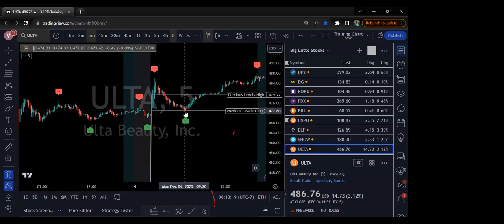But now the problem with not looking at the pullback, and we'll look at other stocks, is that you can find they keep going down, because when a stock opens above a previous day high, it can be a sign of continuation or a sign of reversal. Okay, so sometimes you might neglect this pullback, and then you find this stock keeps dropping, going down.